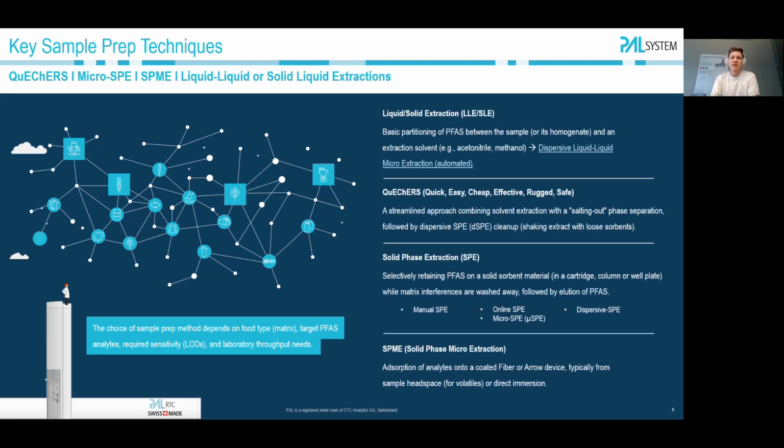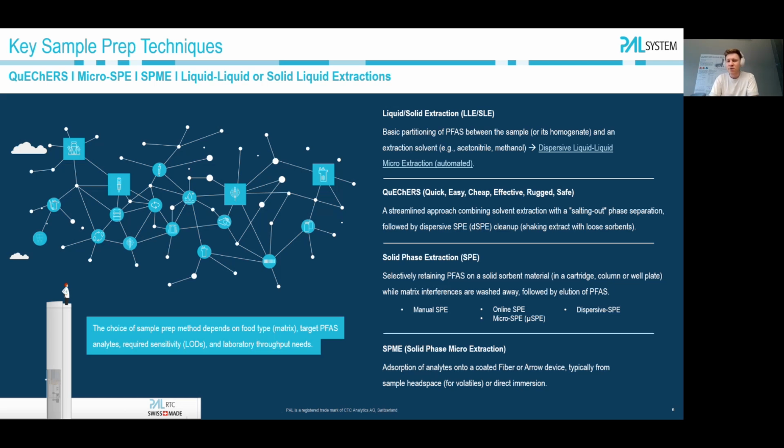Let's look a little bit deeper at those sample prep methods. You have liquid or solid liquid extractions, a very classical one that you can also miniaturize. Here I linked a dispersive liquid micro extraction that is also automated. You have SPE, a very common and powerful cleanup and or concentration method.